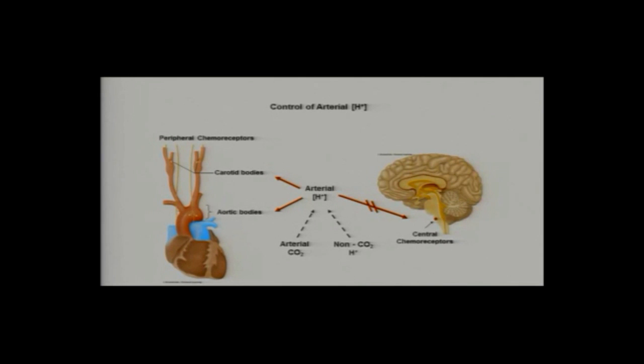And that's triggered by the peripheral chemoreceptors. So in this way, the peripheral chemoreceptors are adjusting breathing not for the sake of respiratory control, but rather for the sake of pH control. That makes sense?